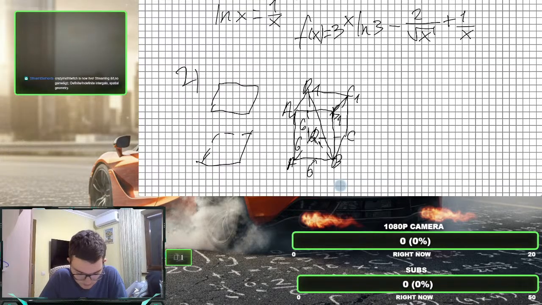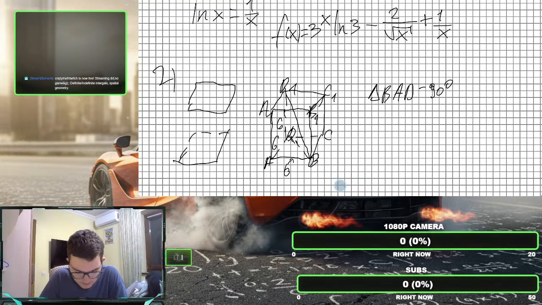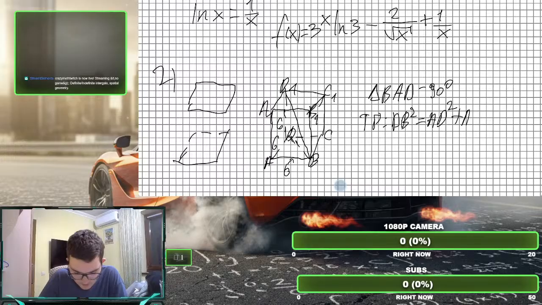And now I need to find DB, which is pretty simple because BAD is a 90-degree angle at A, so I can just apply the Pythagorean theorem. So DB squared is equal to AD squared plus AB squared.